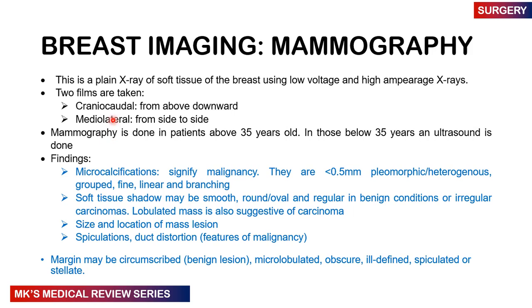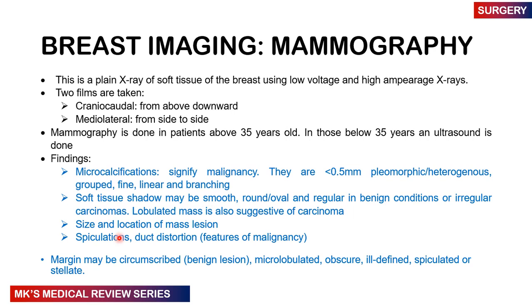You may find microcalcification, which may signify malignancy. They are less than 0.5 millimeters, pleomorphic, heterogeneous, grouped, sometimes fine, linear, and sometimes even branching. Soft tissue shadow may be smooth, round, oval, and regular in benign conditions or irregular in carcinomas. Then lobulated masses are usually suggestive of carcinoma.